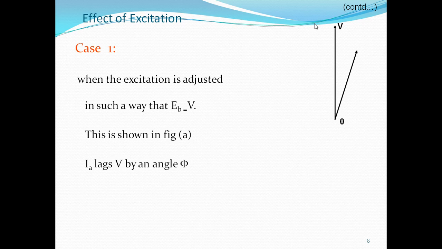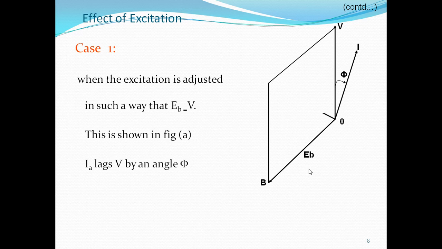Then we draw the current lagging the voltage by an angle, what is the angle? Phi. Next you draw the back EMF EB, denoted by vector OB.